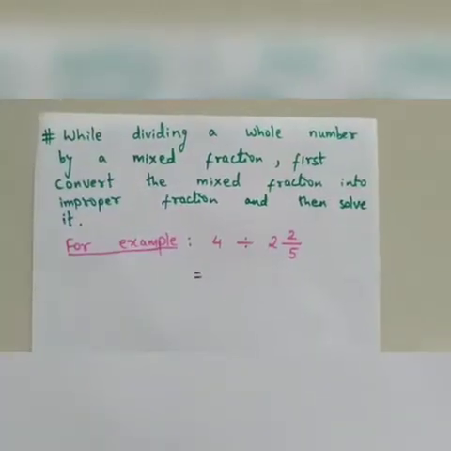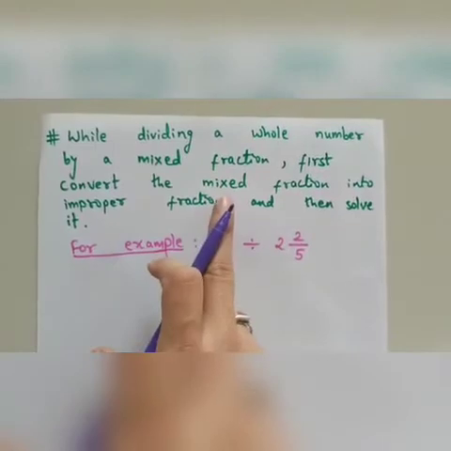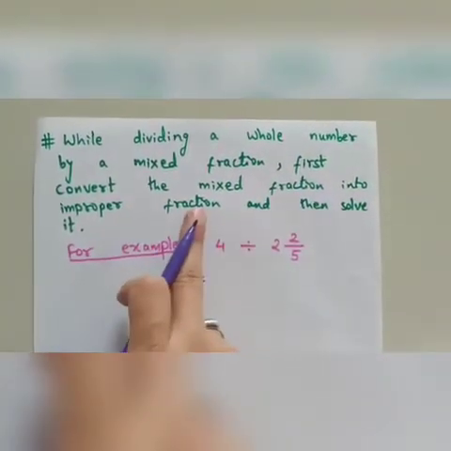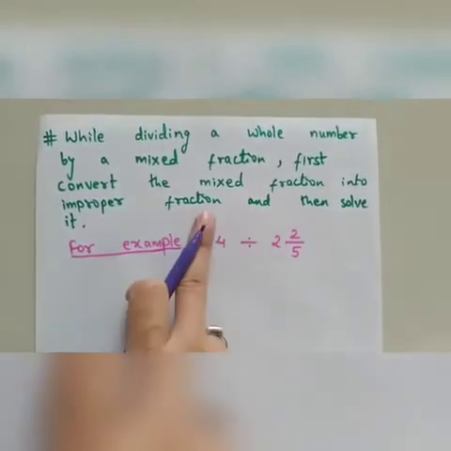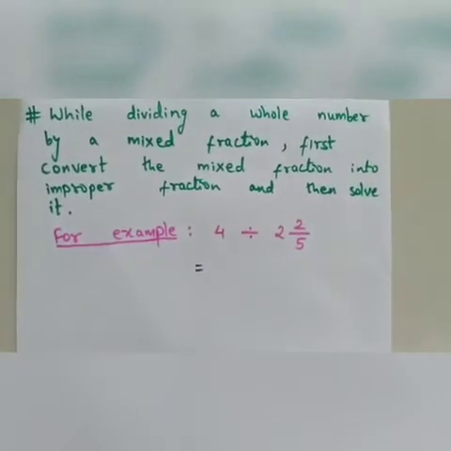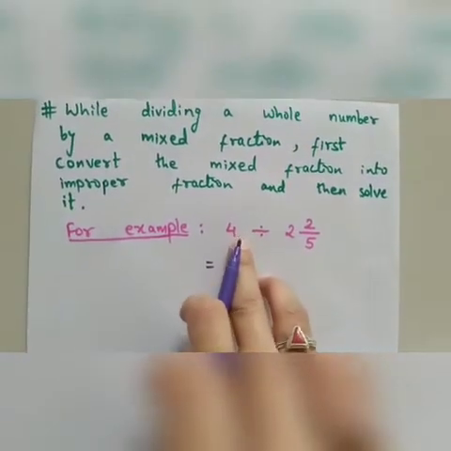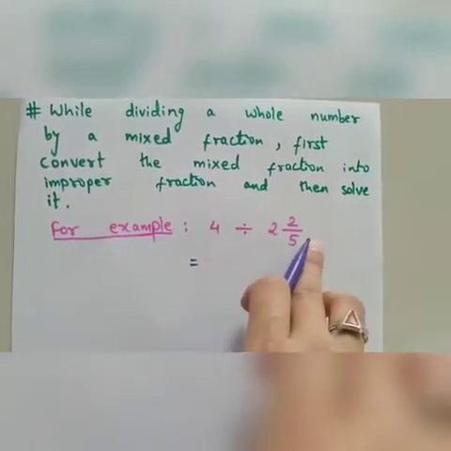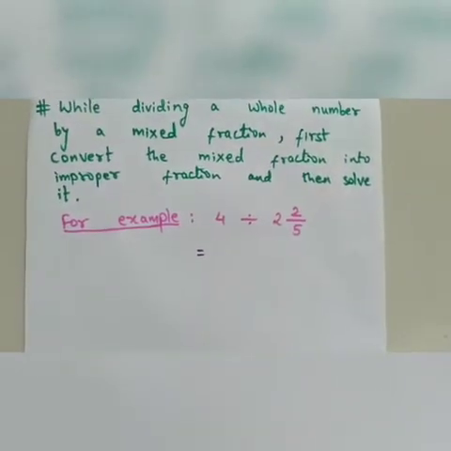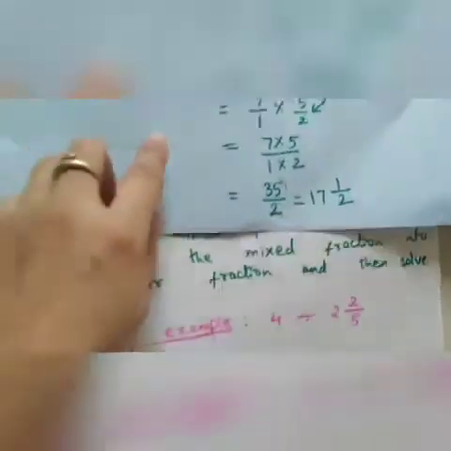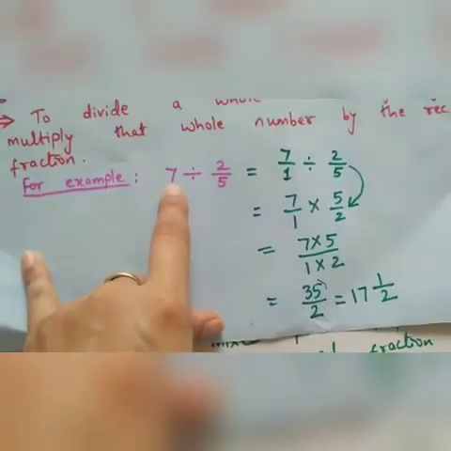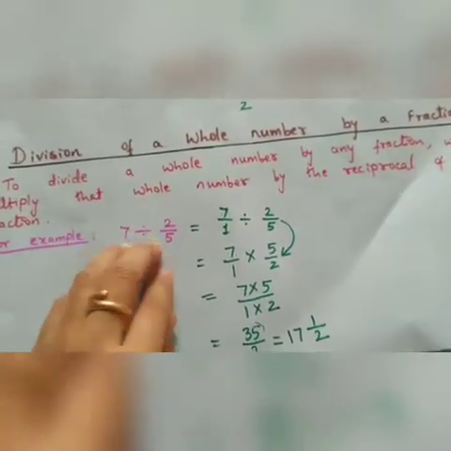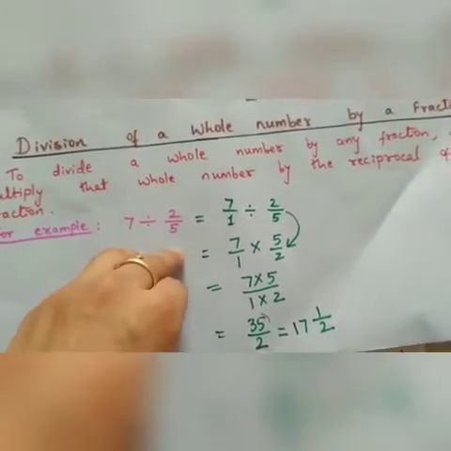While dividing a whole number by a mixed fraction, we have to first convert the mixed fraction into improper fraction, and then we have to solve it. So for example, we have one whole number 4 and we have one mixed fraction, that is 2 2 by 5. As we have seen here, one example of dividing a whole number by a fraction, in that the fraction is a proper fraction.